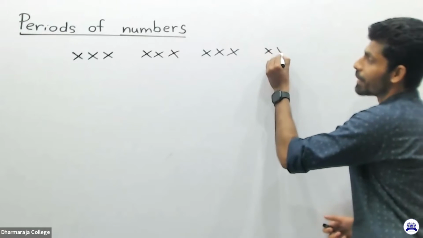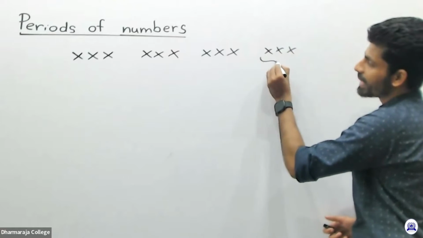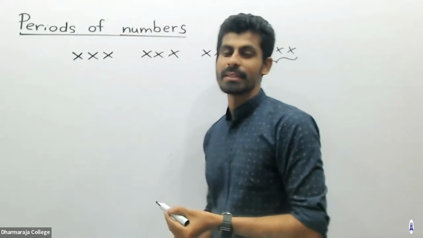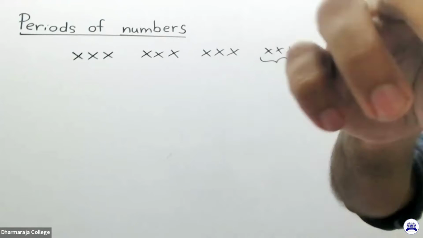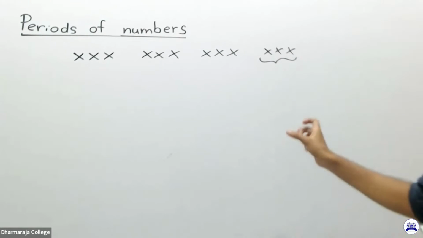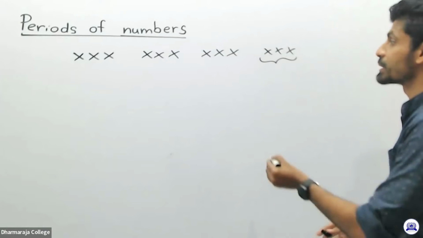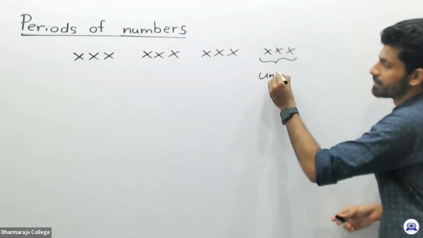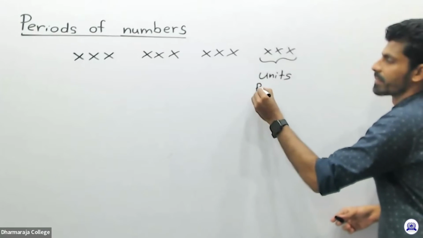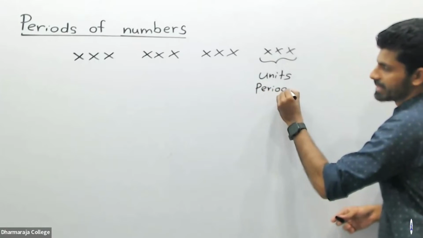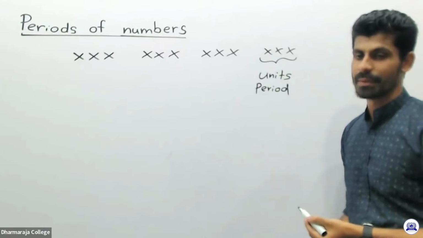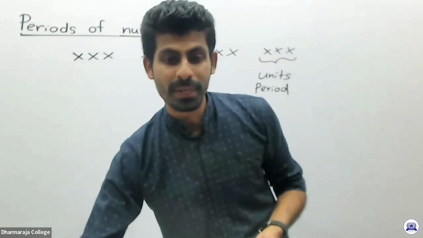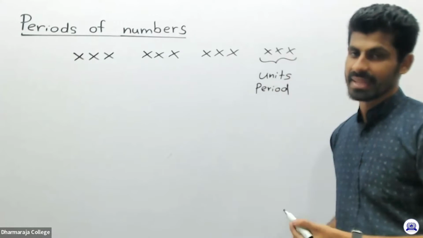Right? Now, first period. Look at this one, first period. The first period is known as the units period. First one is known as units.